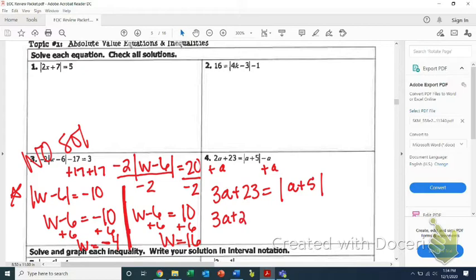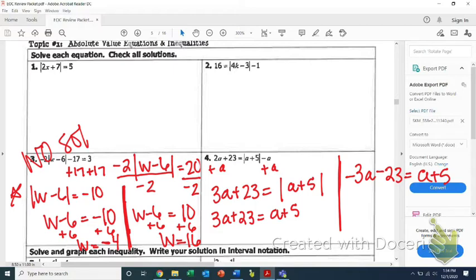So we have 3a plus 23 equals a plus 5, and we also have negative 3a minus 23 equals a plus 5.